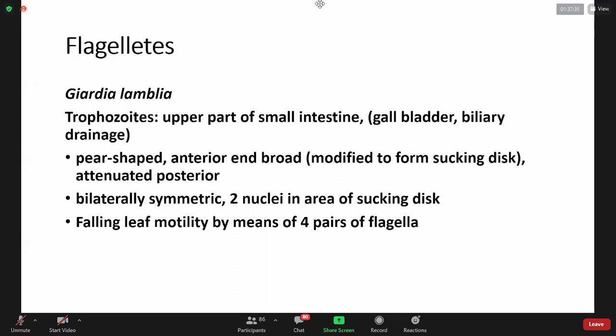The trophozoite is pear-shaped with a broad anterior end, and it attenuates towards the posterior. It is bilaterally symmetric, and when it is moving, it displays what has been described as a falling leaf motility.